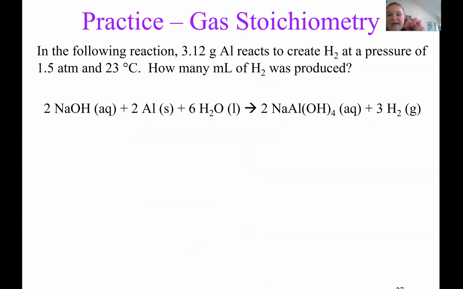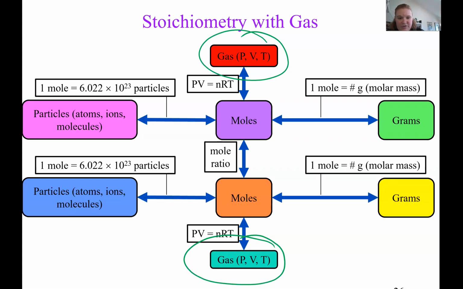In the following reaction, 3.12 grams of aluminum react to create hydrogen at a pressure of 1.5 atmospheres and 23 degrees Celsius. How many milliliters of hydrogen was produced? So I'm going to go back here just for a second.